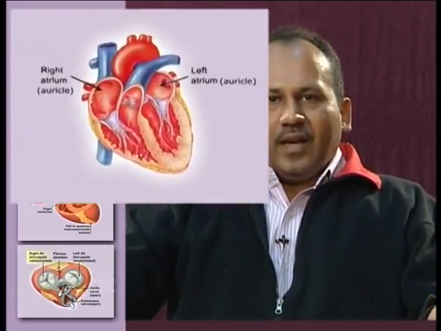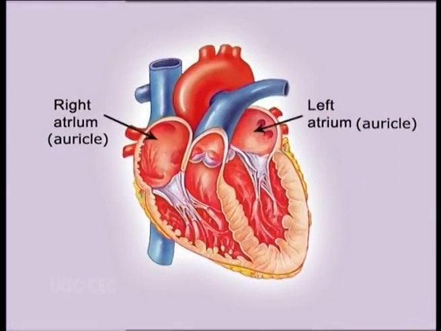Auricle or the atria are thin walled structures. We need to understand why they are thin walled. The reason is because they are passively collecting blood that comes in from different parts of the body as well as from the lungs. They are moderately expandable. They are consisting of moderately expandable tissue.